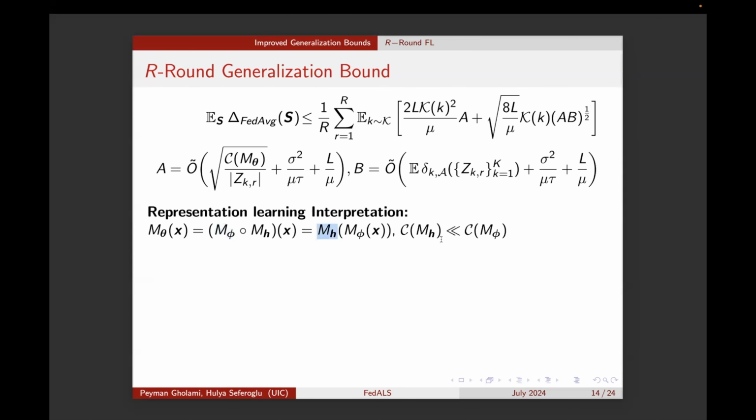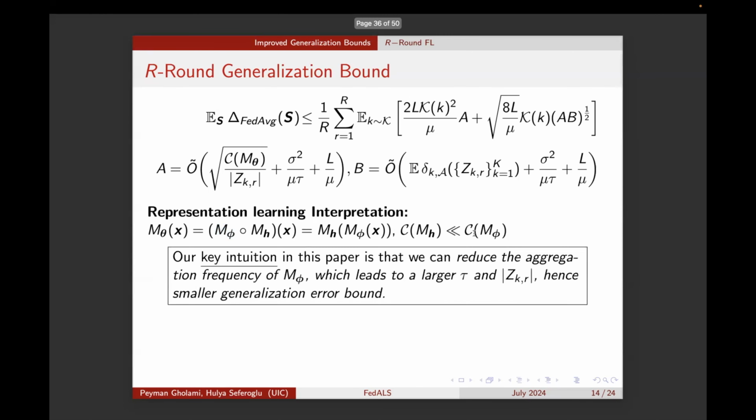The head is actually much simpler compared to the feature and representation extractor. Our key intuition here is that we can reduce the aggregation frequency of M_phi, which leads to a larger tau and Z_K^R, and hence a smaller generalization error for the representation extractor.